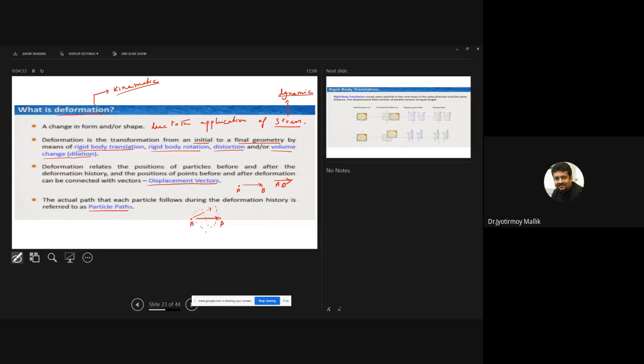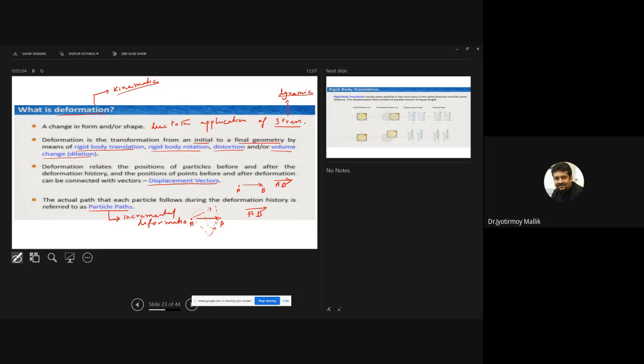So although the displacement vector is AB, the particle path could be anything. When we discuss particle paths, we are actually looking into the incremental deformation, right?